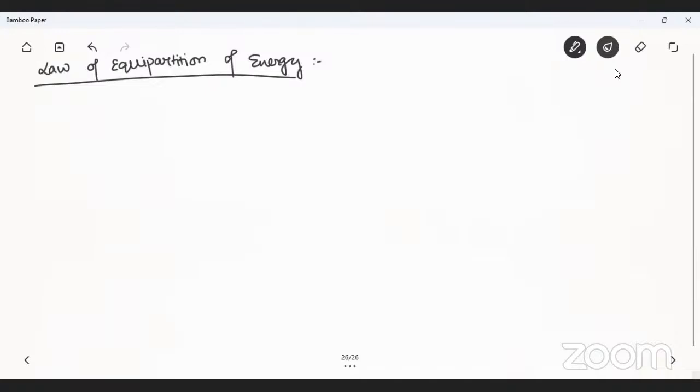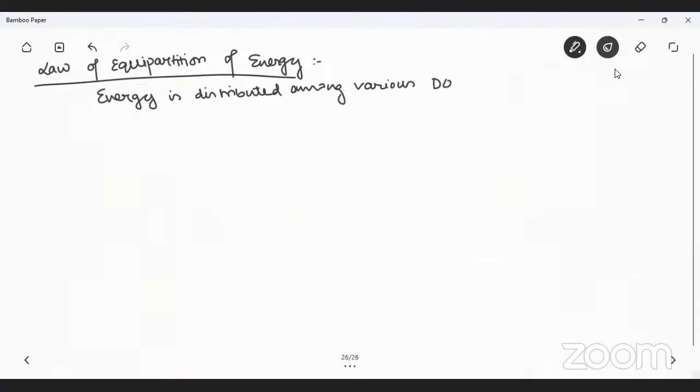Again, something like kind of maths. So what is this? According to it, energy is distributed among various degrees of freedom equally.